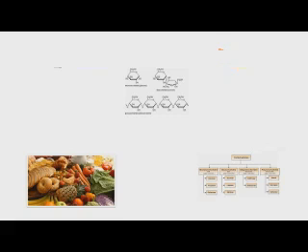Lipids are mainly found in animal fat, butter, oil, and cholesterol. They are soluble in alcohol and not water, as they are non-polar, and the most important lipids are the triglyceride, phospholipid, and steroid.